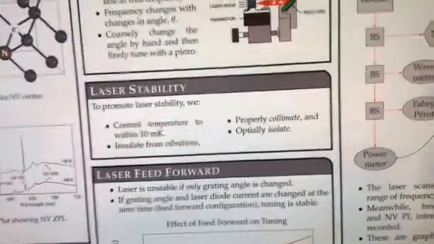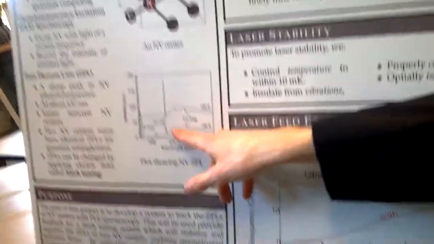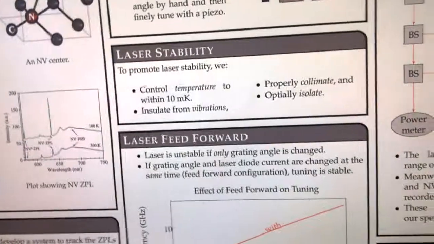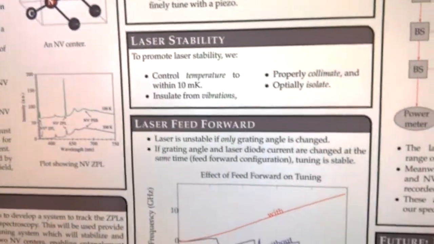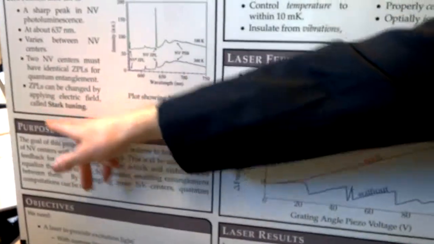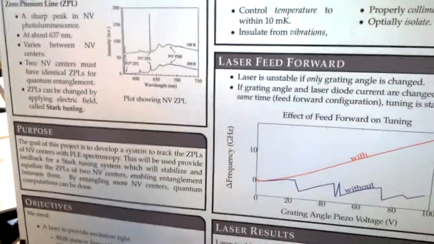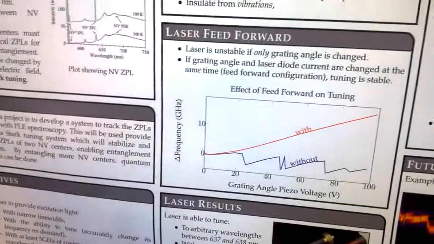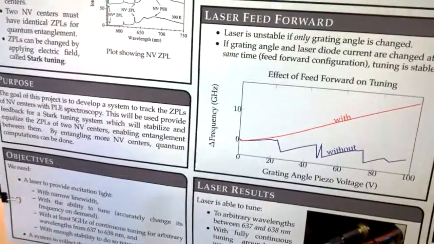Yes, so this is a method to look at the zero phonon line very accurately. We need to do that because we need to make sure that they're identical. And we can change the zero phonon line by Stark tuning, applying electricity, and that will make them identical. Basically, yes.